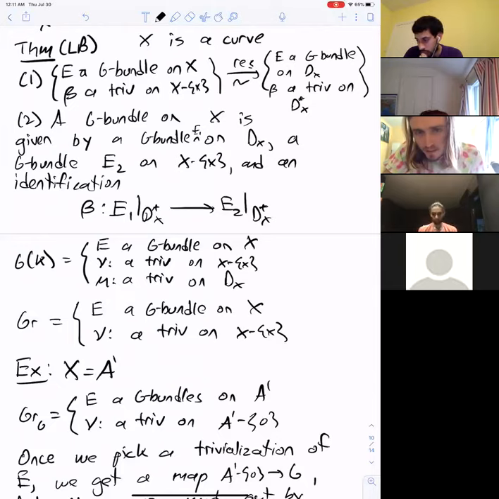And then that maps to G-bundles on the formal disk, which I think is a Laurent polynomial, or maybe we should say X is 0. So then polynomials with negative coefficients now map to Laurent series.